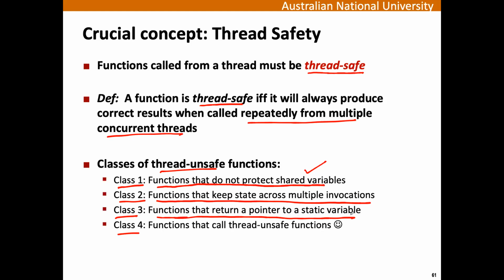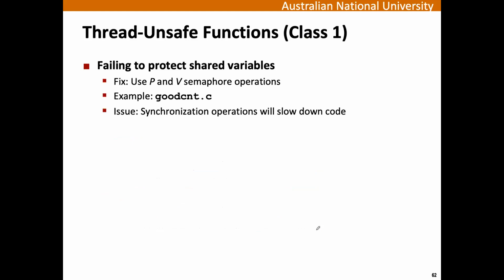But when multi-threading came, these functions suddenly became unsafe. If two threads have a pointer to the same static variable, there are problems. And class 4 is the easiest to understand. Functions that call thread unsafe functions are not safe themselves.